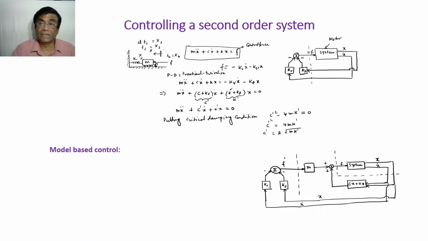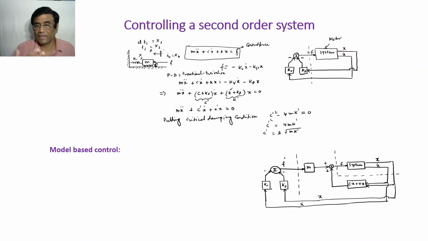The reason is it is specific to this particular system. If I want the same controller to control another system, it will not happen. You will have to redesign it. So that's the problem, and that's why one should practice model-based control. And in the next class, we are going to discuss it in detail.